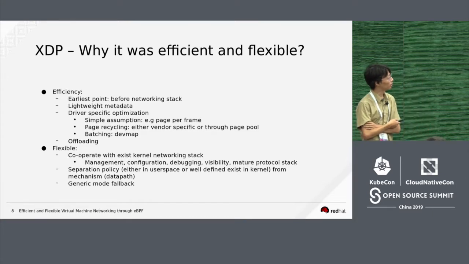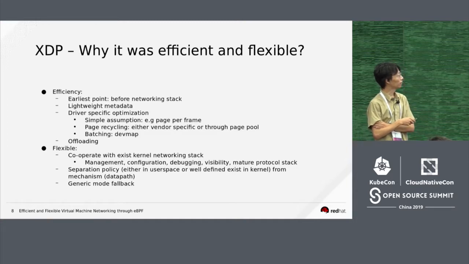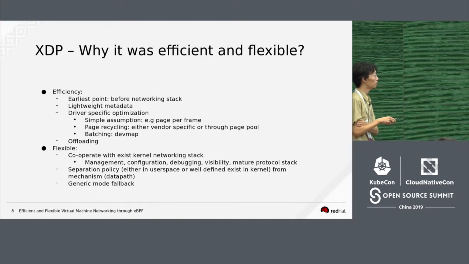Now let's see why XDP is more efficient and more flexible. Again, it's an early stage hook point. The packet is not entering into the traditional stack, and it's blessed with lightweight metadata. They only have several fields, and it can be embedded into the head of the packet.